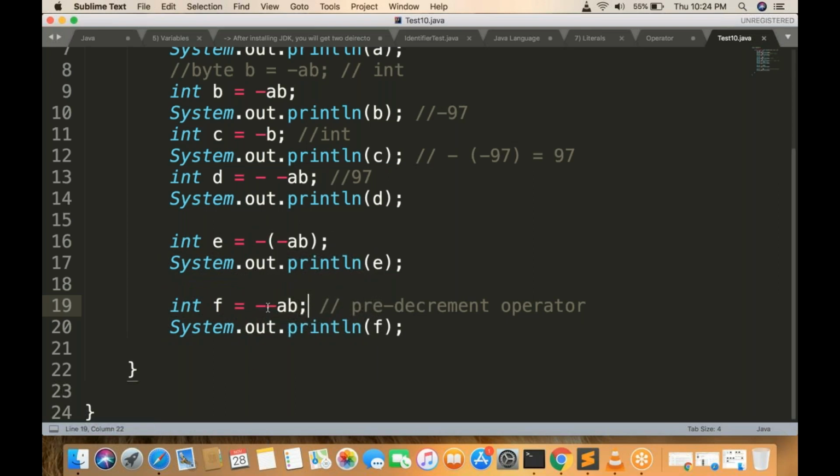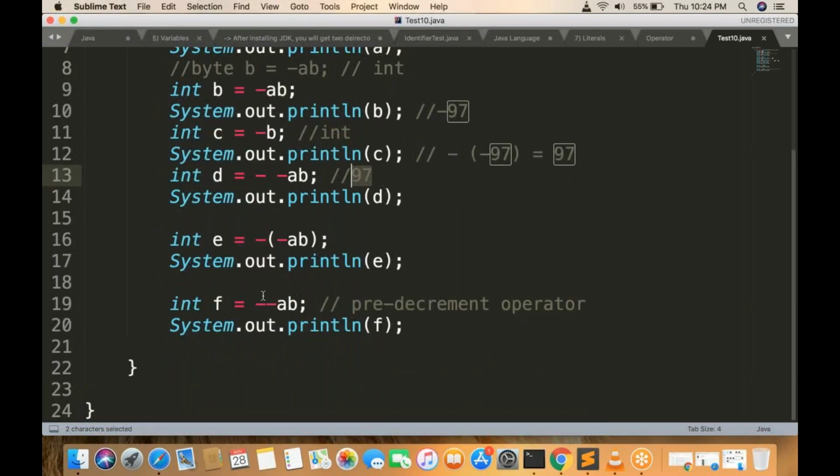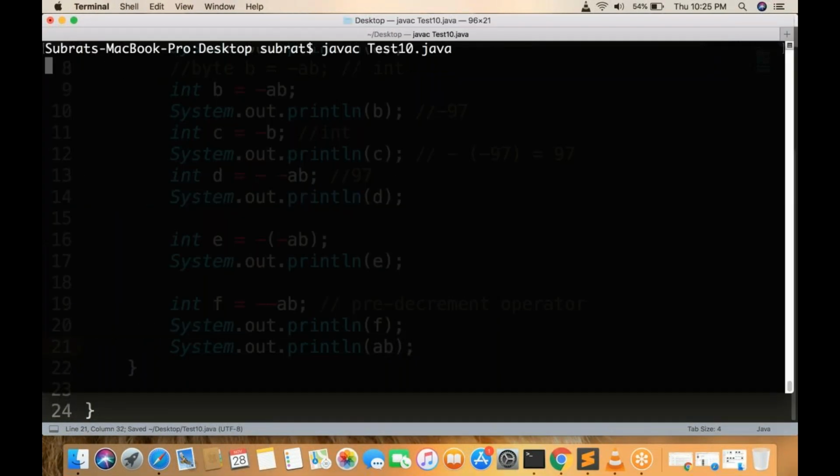Minus minus AB is pre-decrement, but minus with the bracket minus AB is like in mathematics: minus minus 2 means plus 2. Similarly here, minus and minus AB means positive 97. But here minus minus AB is the pre-decrement operator. Remember this. And what about AB? If I print AB, what will it print? 97 only.